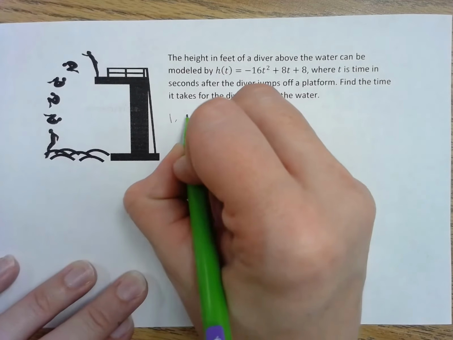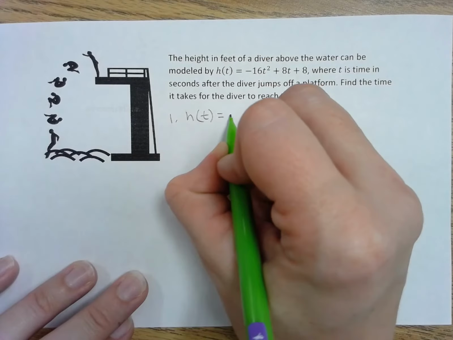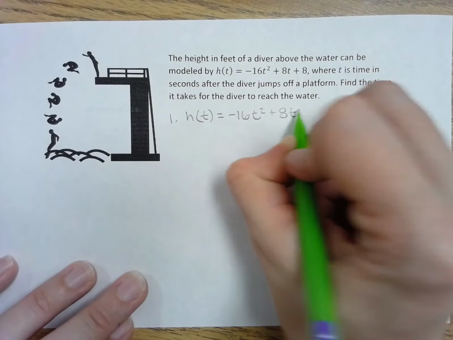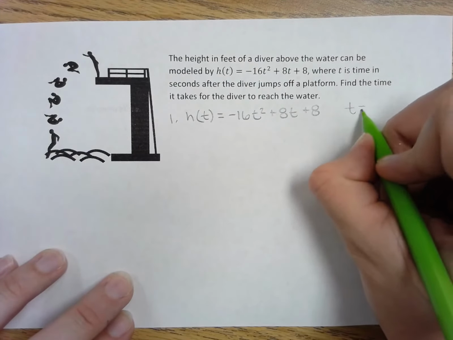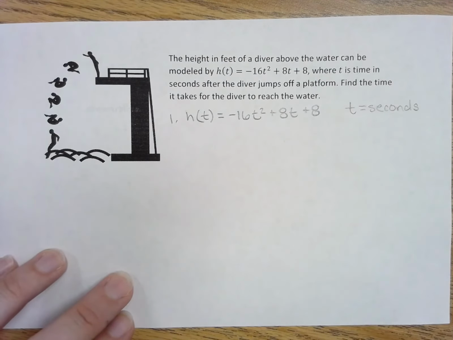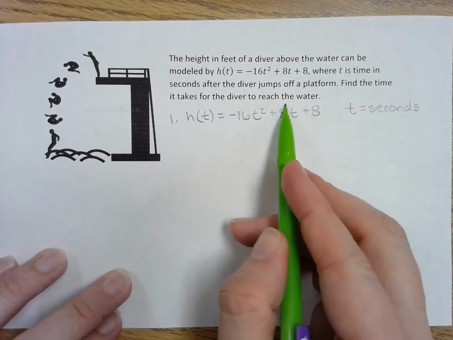So we have our function for question number 1. We have negative 16t squared plus 8t plus 8, where t is time in seconds. We're going to find the time it takes for the diver to reach the water.